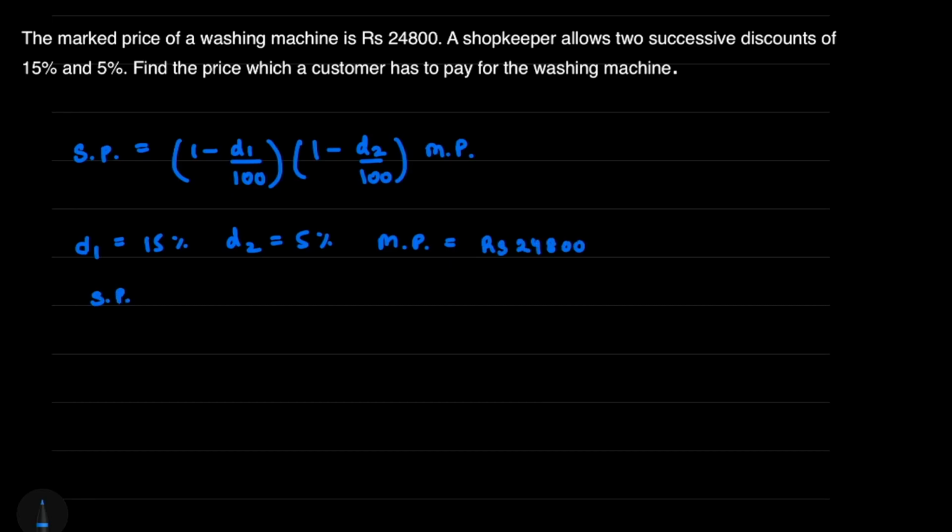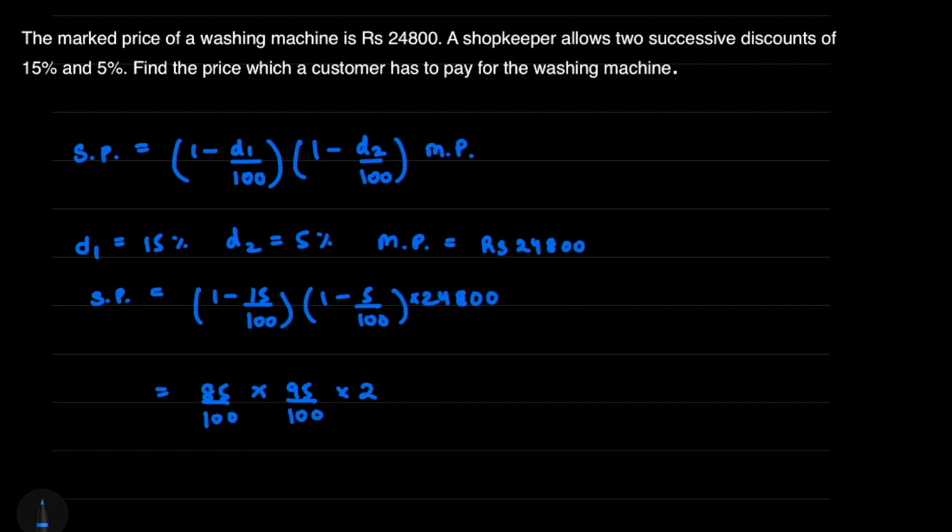So let's calculate the selling price. It's 1 minus 15 over 100, 1 minus 5 over 100, into 24,800 rupees. This comes out to be 85 over 100 into 95 over 100 into 24,800 rupees. And this comes out to 20,026 rupees.